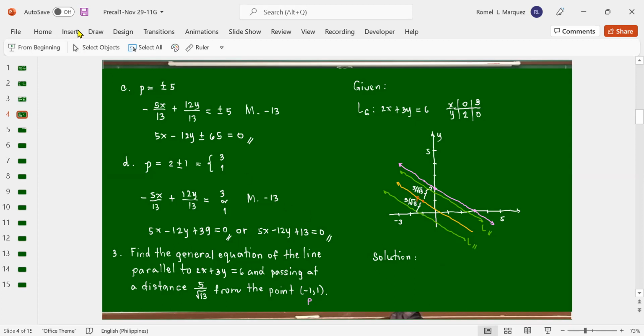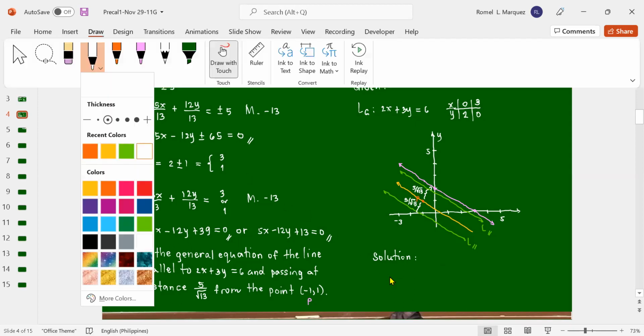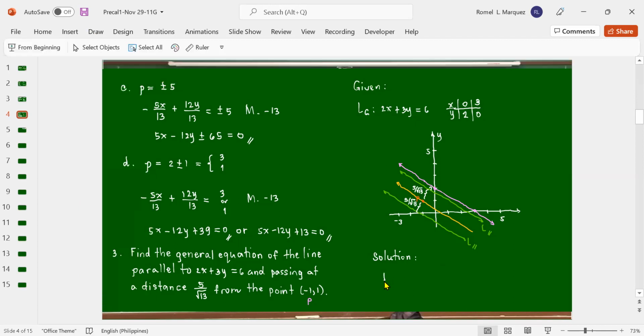So what we do, first we find the equation of the yellow, no? So let's call that line through P. For the line through P that is parallel to the line given, we have 2x, we copy the left side of the given line. What's the technique so that we can easily get the equation of the line parallel?